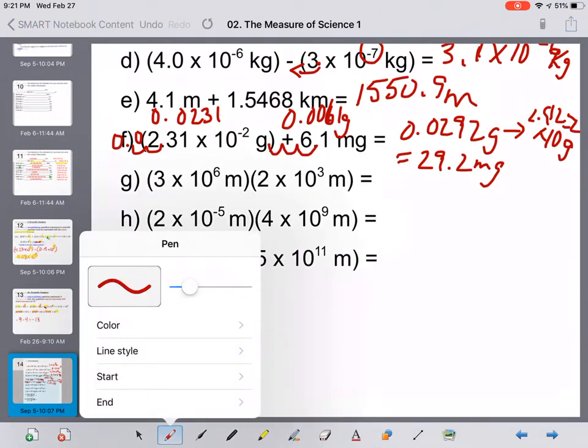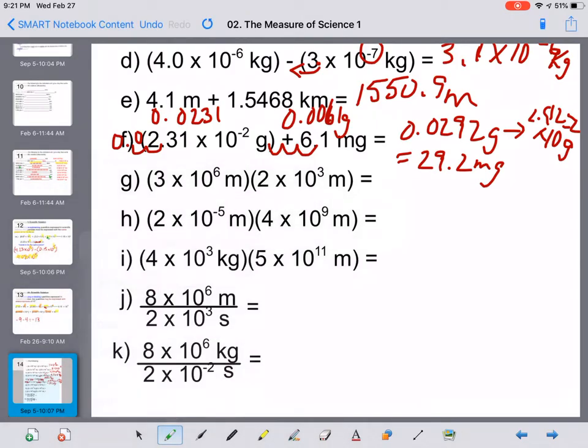Okay, for the next one, in this case, we're multiplying. So 3 times 2 gives me my 6. And then I add the exponents together, times 10 to the 9 meters, and then because it's meters times meters, meters squared. Next one, 2 times 4 gives me 8.